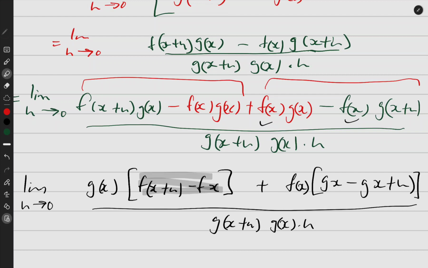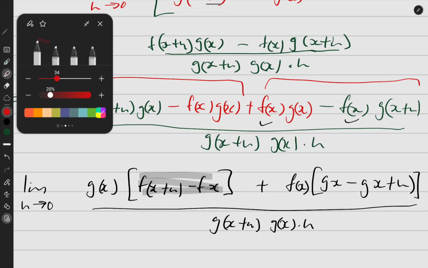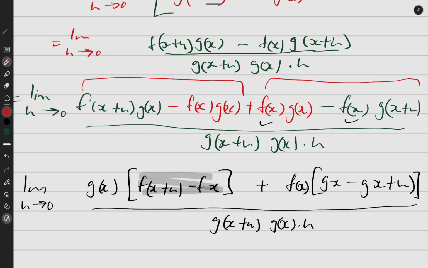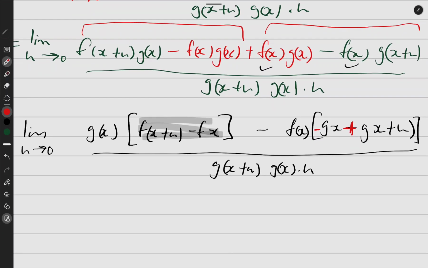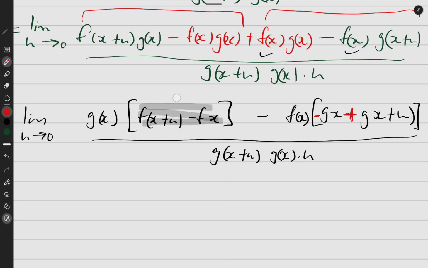If I factor out -1 here, it's going to be plus here, negative here, and negative here. And now it is in the good way. So it is now in the same format as this one.